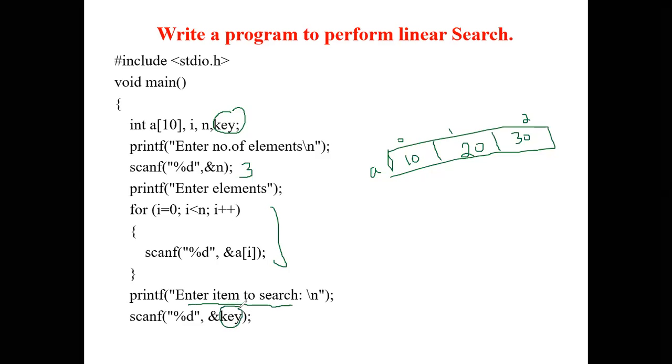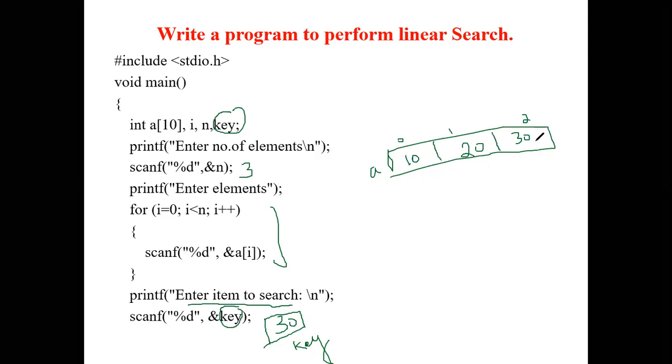Assume that I want to search the element 30, which we store in the variable key. I want to search whether this 30 is there in this array or not. If 30 is found in this array, then you have to display yes, 30 is found.